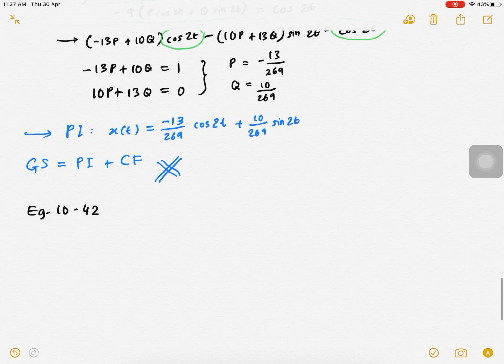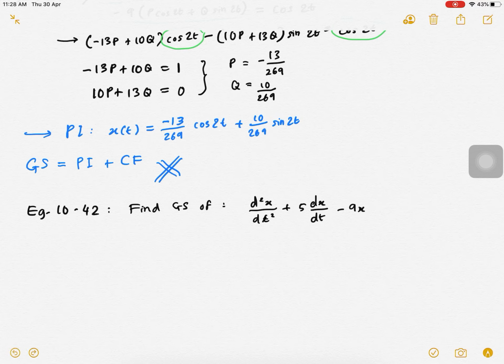So example 10.42. Find the general solution of this. Again, in this example, it uses the same differential equation at the left hand side, so it is easier for us to get the complementary function.